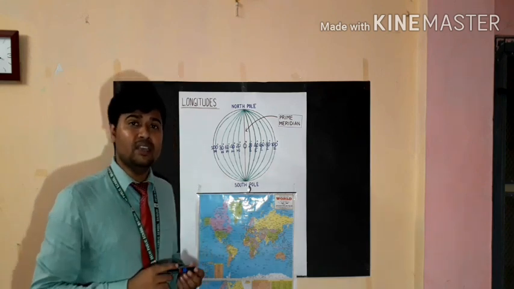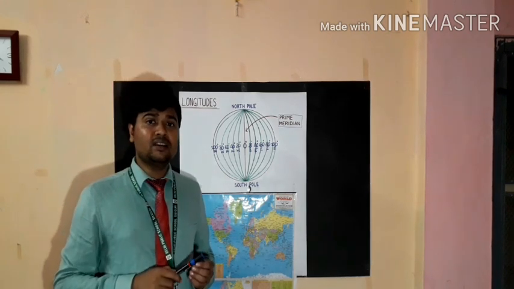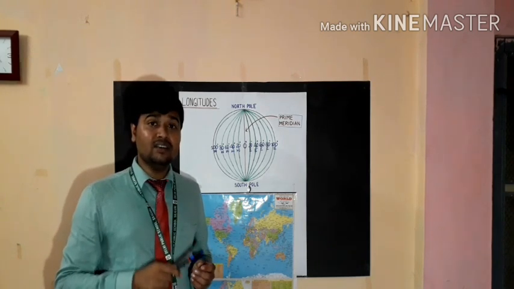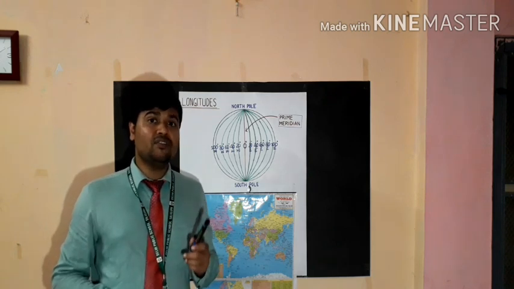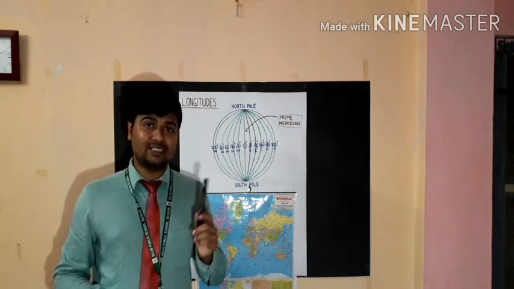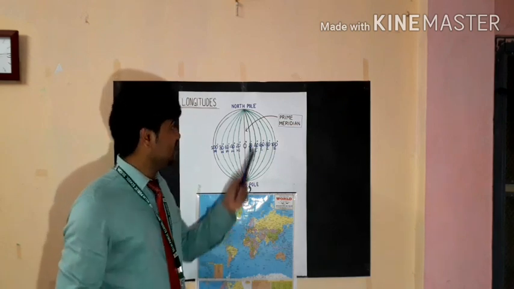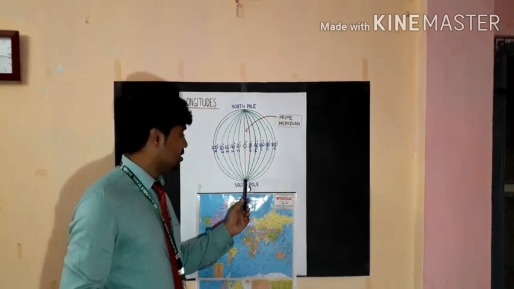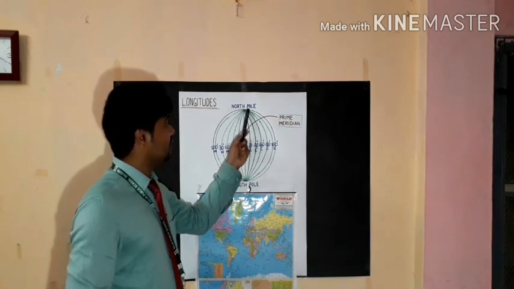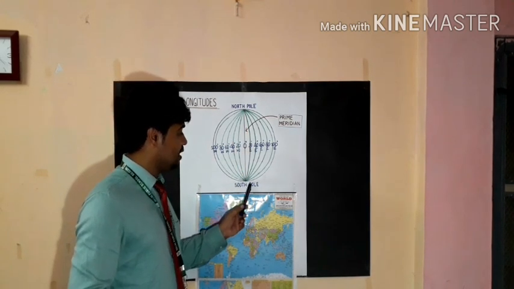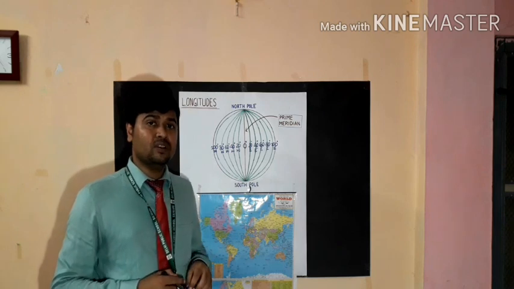Now the problem is to select a particular meridian as a starting point, because the lengths of all the meridians are the same, they are semicircles, and all the meridians meet together at the North Pole and South Pole.